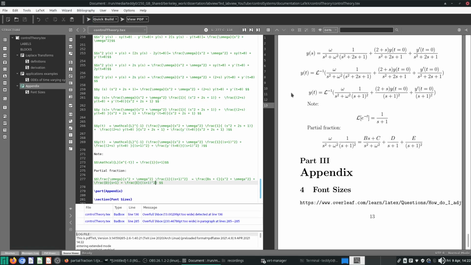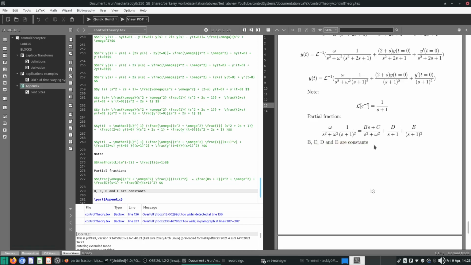You cannot really do a partial fraction over s plus 1 squared, but these are the rough denominators you should expect. If you multiply that back in, you'll find your b, c, d, and e, where these are constants.